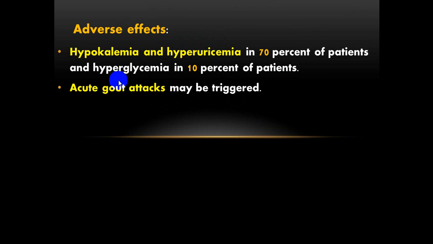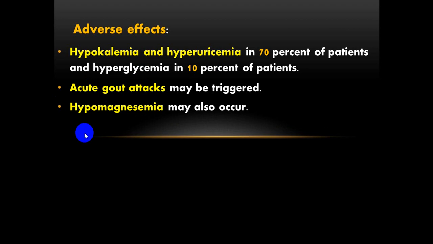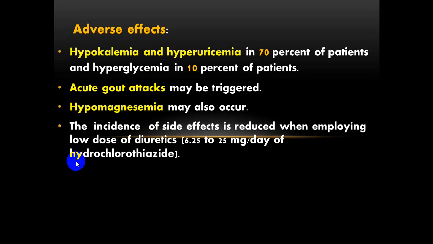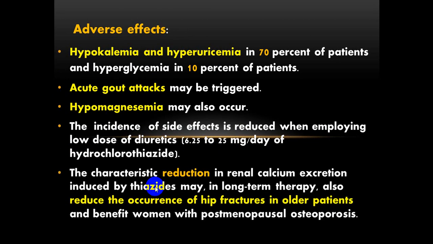As you know, gout is deposition of uric acid in the joints. Hypomagnesemia may also occur concomitantly with hypokalemia. The incidence of side effects is reduced when employing low doses of diuretics, about 6.25 to 25 mg per day of hydrochlorothiazide.